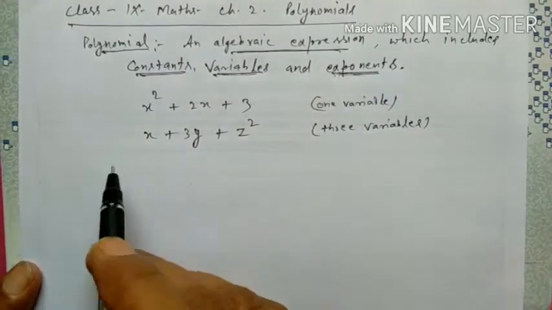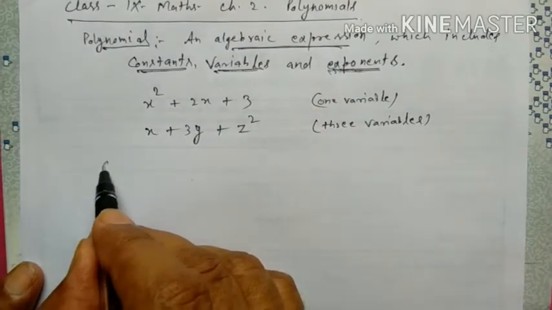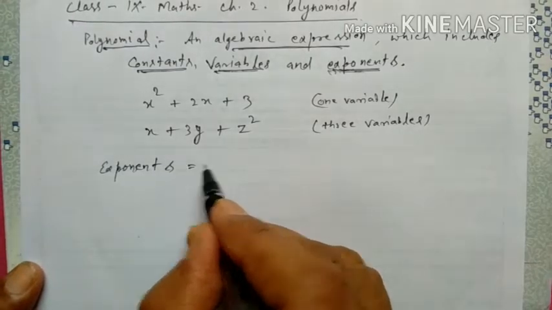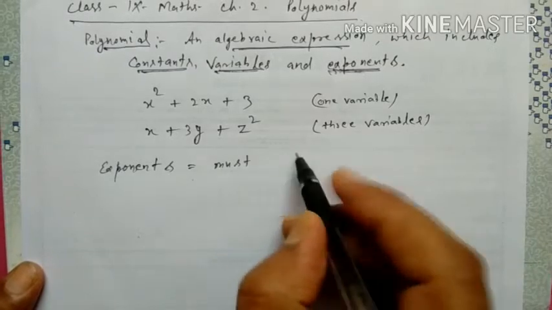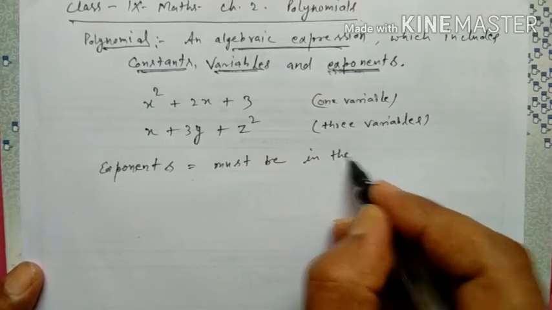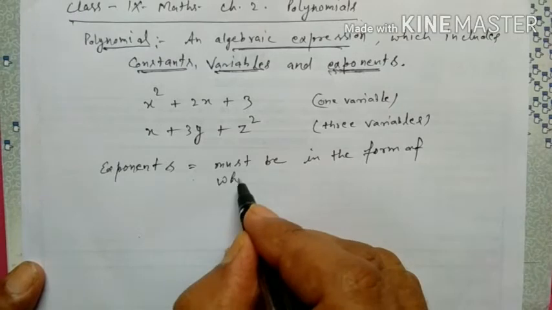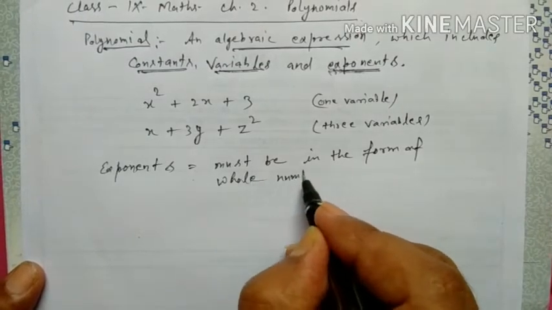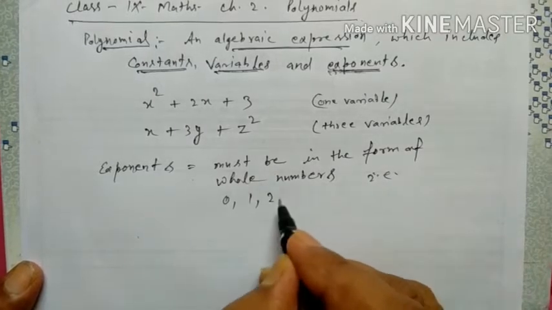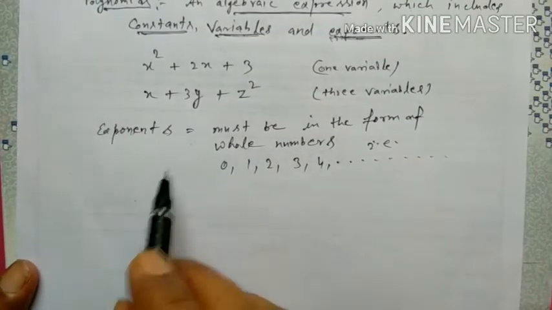There are some conditions for exponents. Exponents must be in the form of whole numbers, that is 0, 1, 2, 3, 4, 5, 6, 7, 8 and so on.